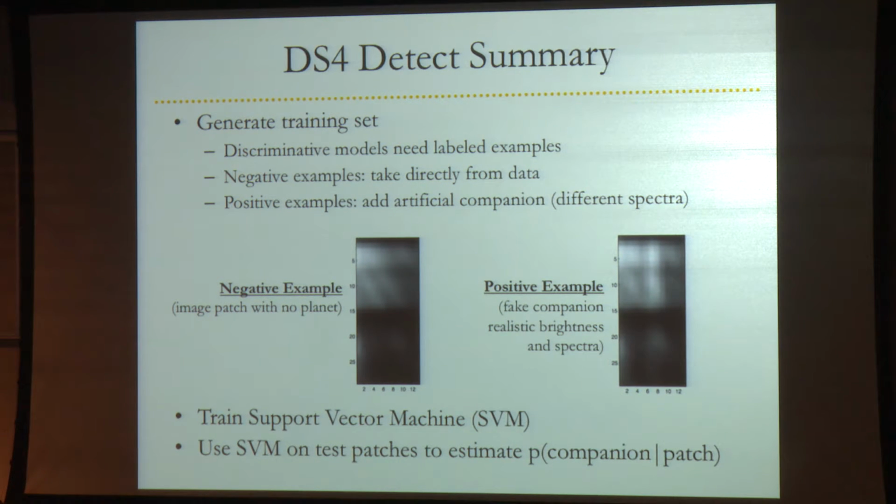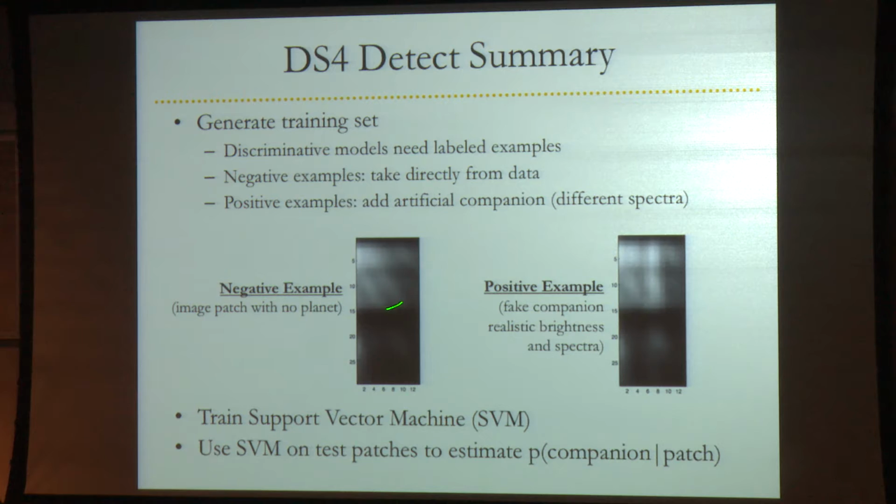So there it is. They've got a training set of explicit negatives and positives from which they can train their support vector machine. Someone asks: do the positive examples also need some artificial speckles, so that they have different speckles?